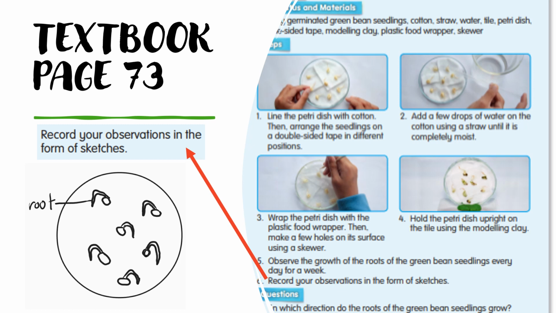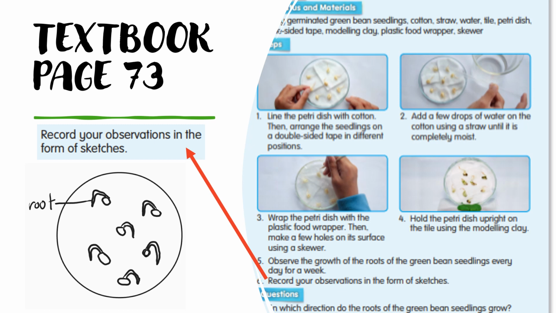Line the petri dish with cotton. Then arrange the seedlings on a double-sided tape in different positions. 2. Add a few drops of water on the cotton using a straw until it is completely moist. 3. Wrap the petri dish with a plastic food wrapper.